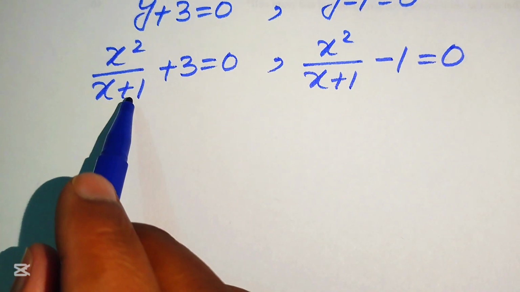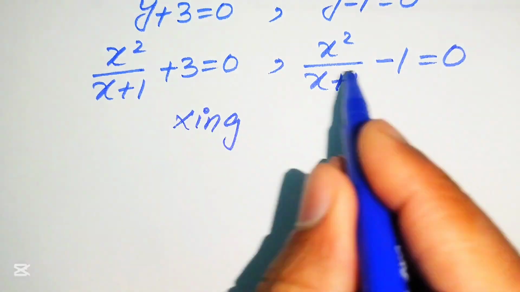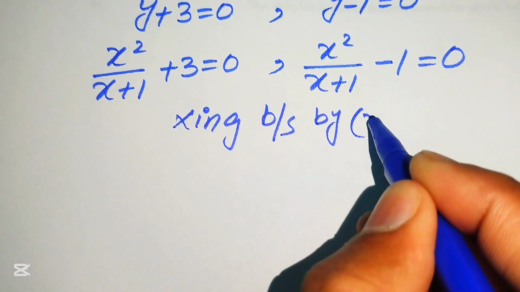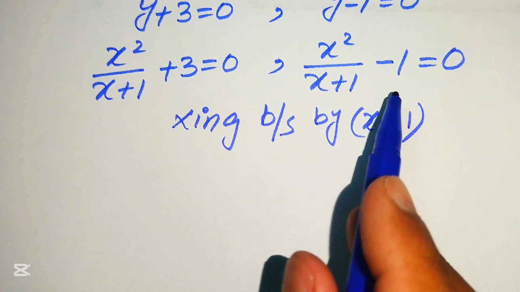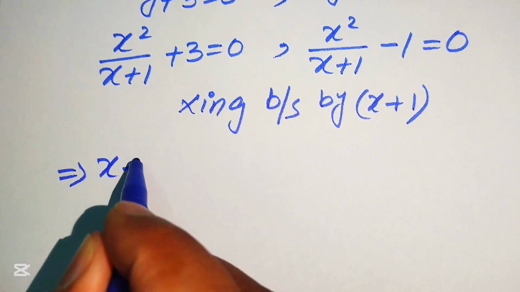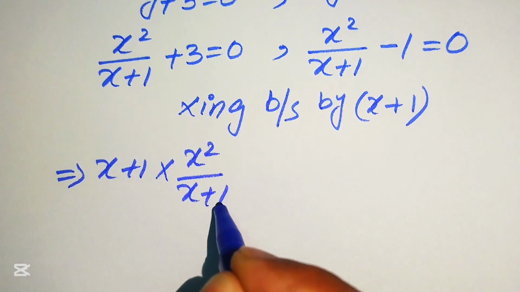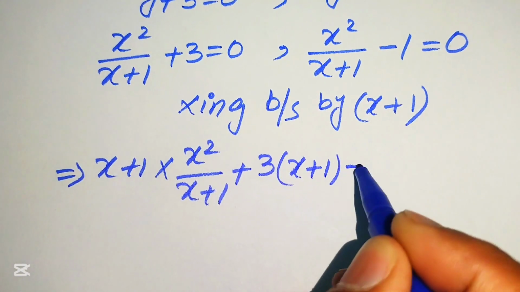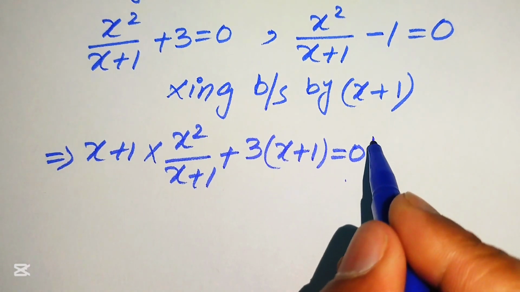So here we will multiply both sides, in both of these cases, by x plus 1. So when you multiply both sides by x plus 1, we will get x plus 1 multiplied by x square over x plus 1 plus 3 times of x plus 1 equals to 0 times x plus 1, which is 0.